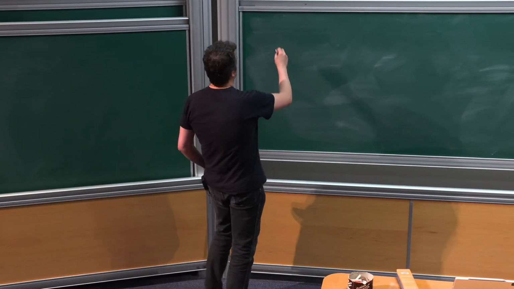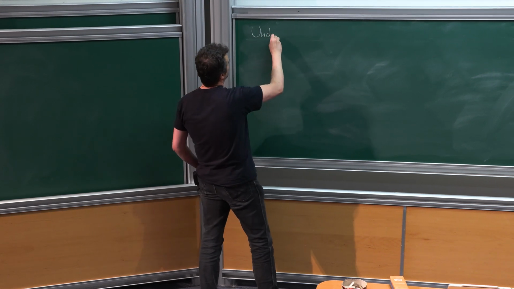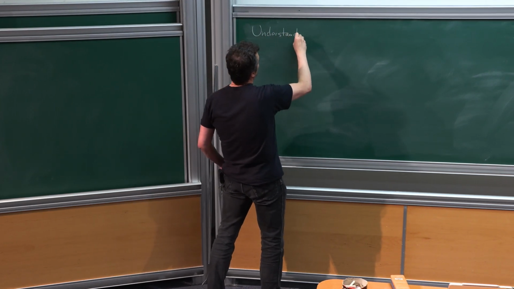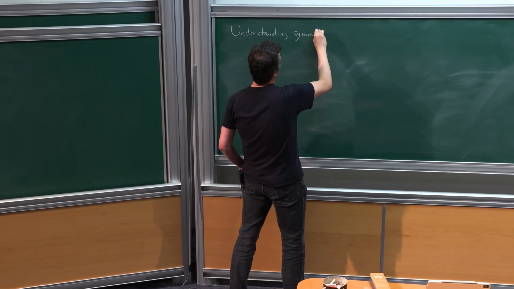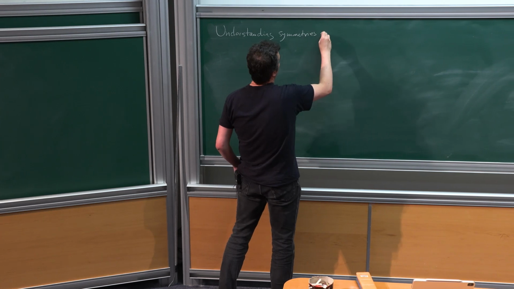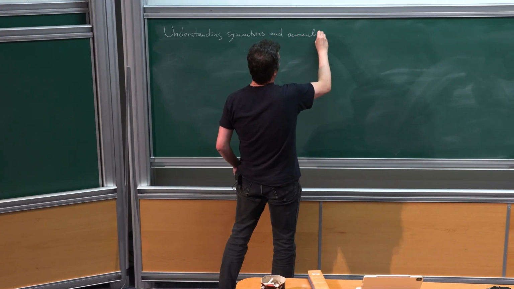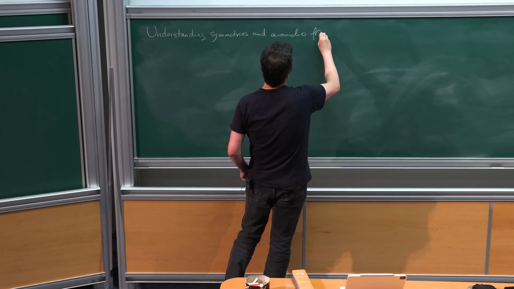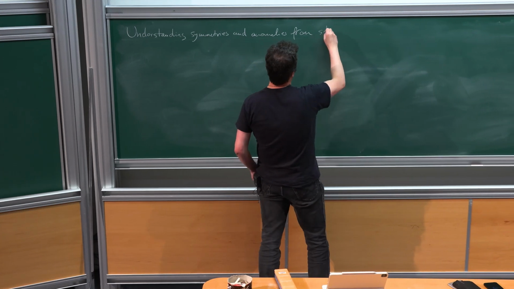So let me do something a bit less classical. I want to understand symmetries and anomalies from string theory.